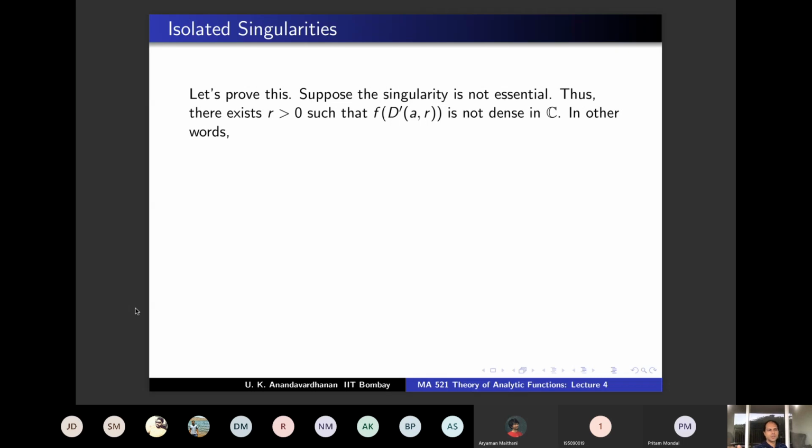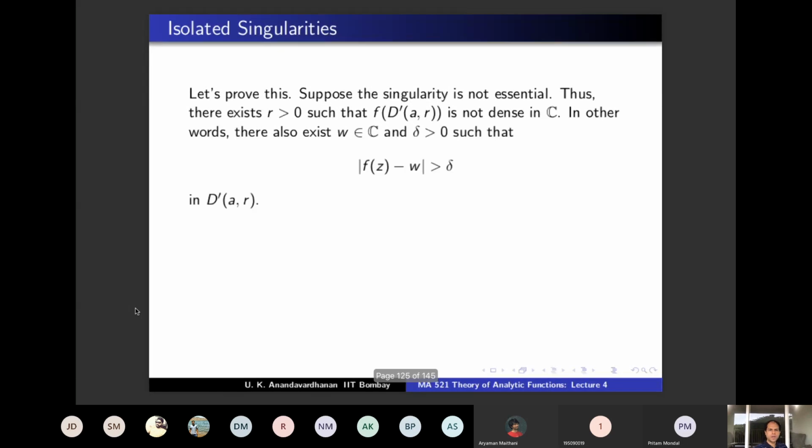So it is not dense. That means there exists a w in C and a positive number delta such that |f(z) - w| is bigger than delta in D'(a,R).